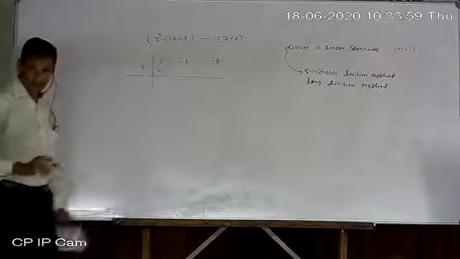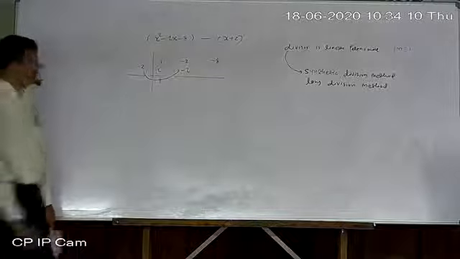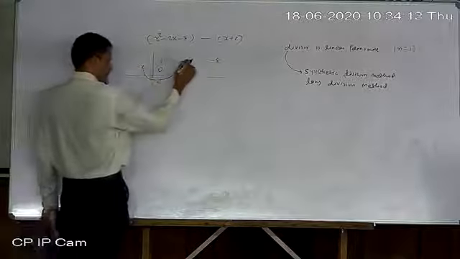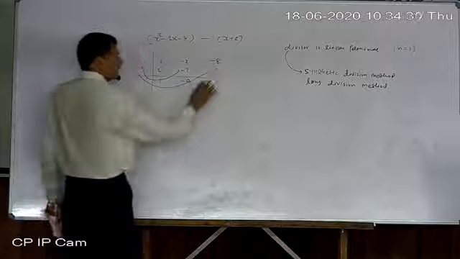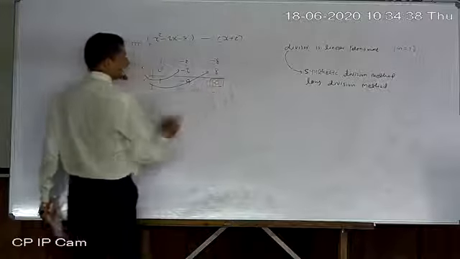Now minus 2 plus 2 is 0. Multiply them. Now make the total: minus 2, minus 2, minus 4. Then multiply 2 by minus 4, that is minus 8. Now make the total: minus 8 plus 8 becomes 0. Now the last digit gives us the remainder.